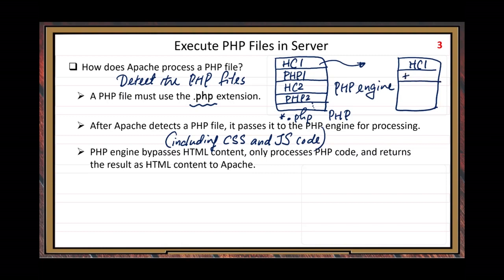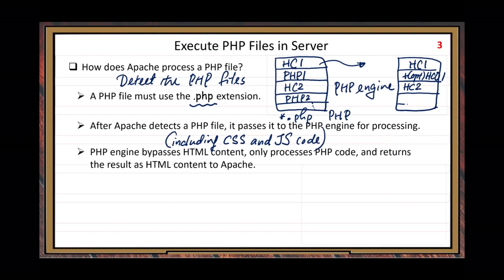This is optional, so I add an O: HTML content output 1, optional. Then HTML content 2 is copied as is.